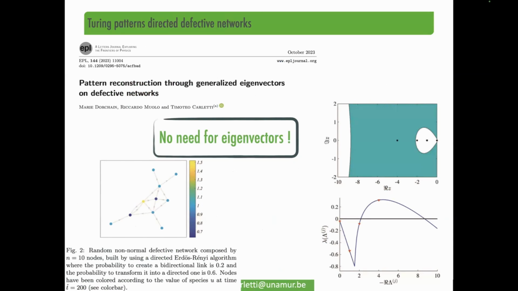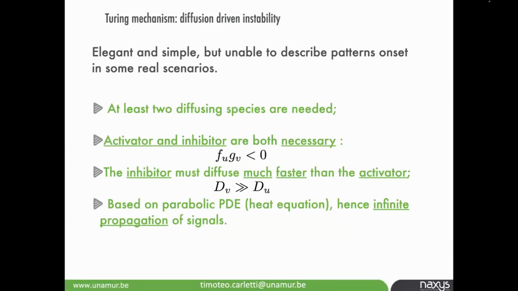And if you have one eigenvalue that falls in this region, then you can have patterns. Okay. And so here again, my network is much larger than this. It has, I think, 10 nodes, but you only have 4 eigenvalues. This is enough if you have one eigenvalue that provides instability. So you really don't need anymore the existence of a basis.